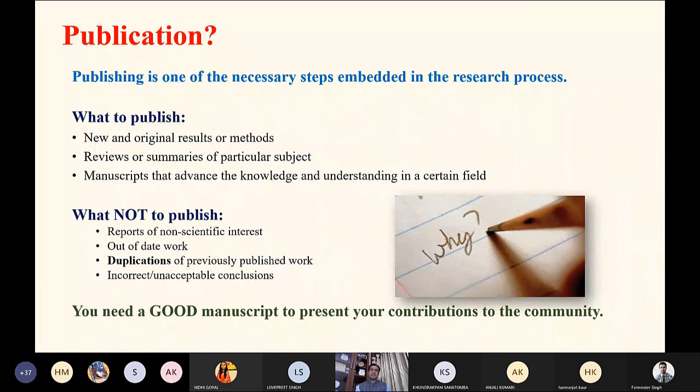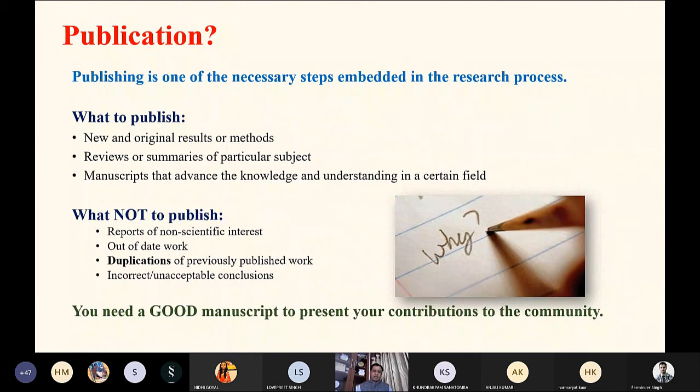But if you have been using outdated information, or duplicating work, meaning the same study that has already been done by someone else in the past, and it is just repetition in your research, then don't go for publication.